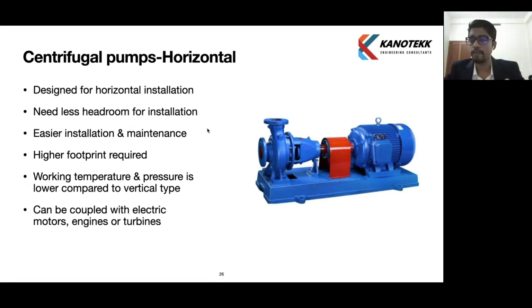Not like a vertical pump, where because of the height, maintenance is a bit difficult. The horizontal pump has a maintenance advantage, and working temperature and pressure are comparatively lower compared to a vertical type. And another advantage, it can be coupled to motors, engines, or turbines.